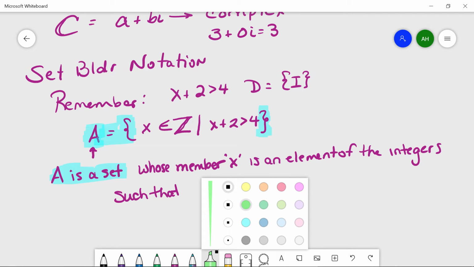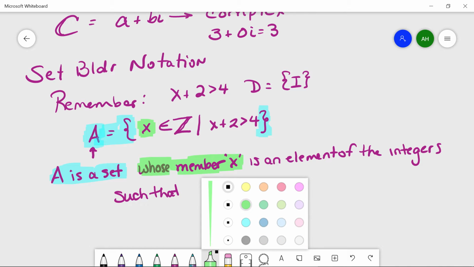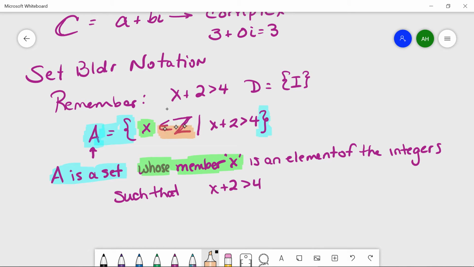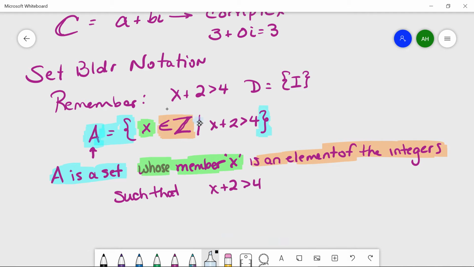Let's look at this. Whose member x is an element of the integers, such that.